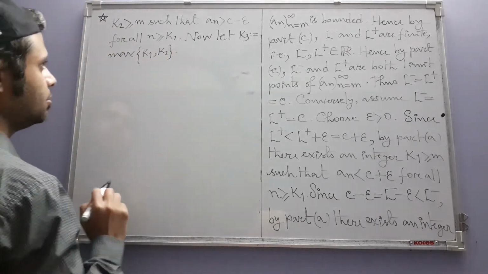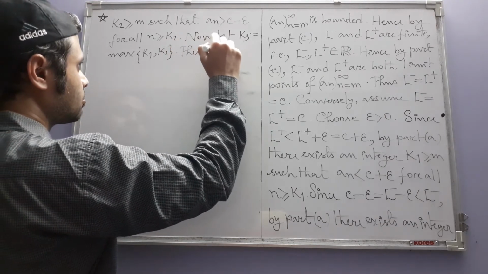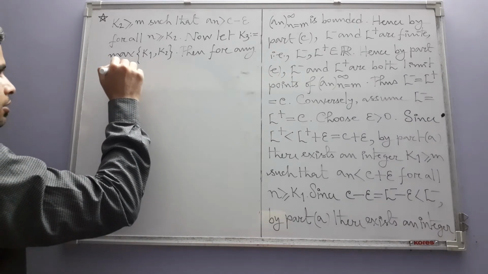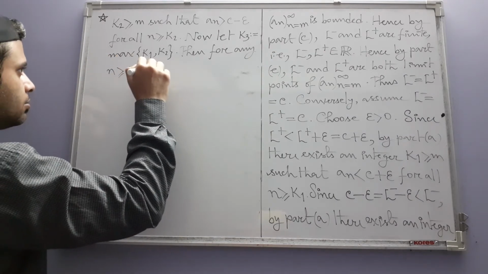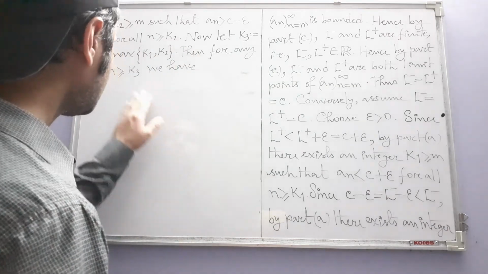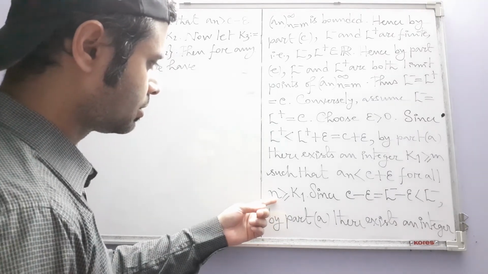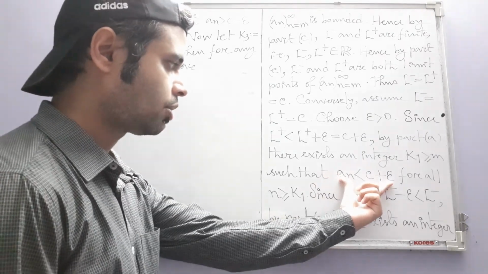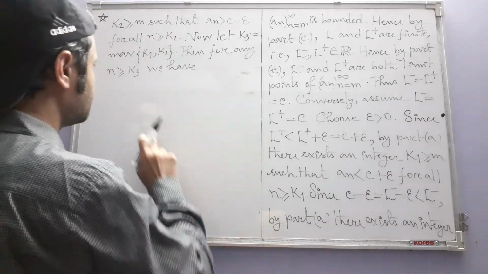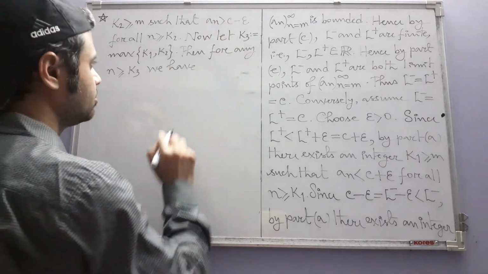So from those things you can guess what to do next. Now let k3 be this. Then for any n greater than or equal to k3, we have what? Because k3 is greater than or equal to k1, for that n we will have this inequality true, and also because n is greater than or equal to k2, this inequality is also true for that n.